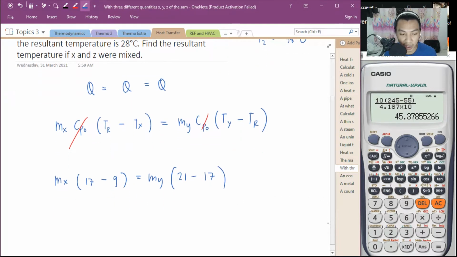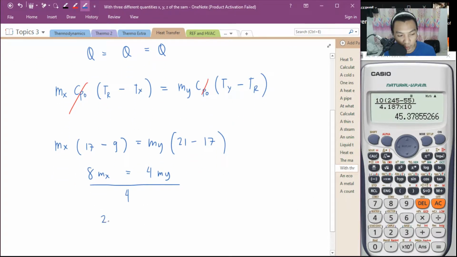Okay, solve natin. 17 minus 9, 8MX equal to MY times 21 minus 17, 4MY. So, divide natin both sides by 4 para may makuha tayong value. So, twice ni MX will be equal to MY. So, this is equation A.